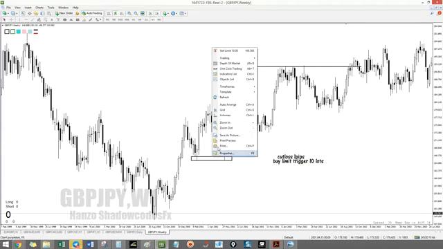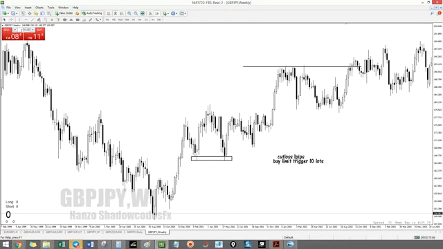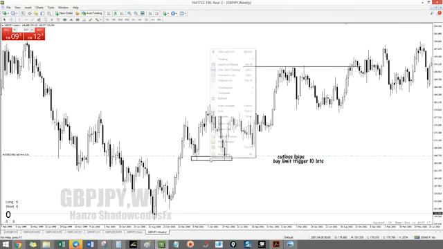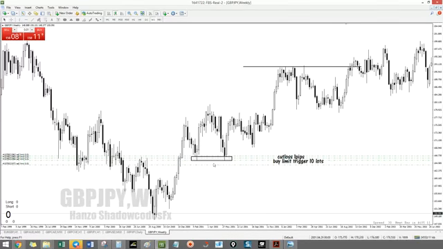Sometimes they do something like this, 0.01, and they use buy limit, buy limit, buy limit, buy limit, buy limit.